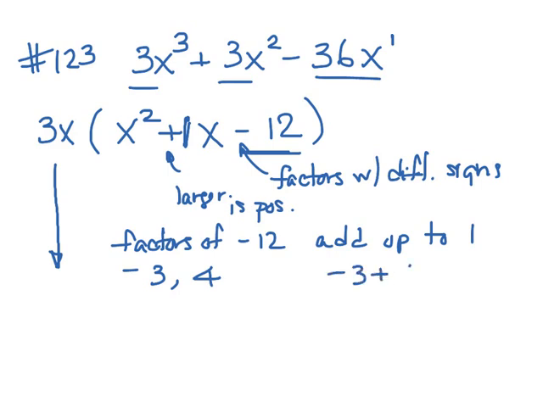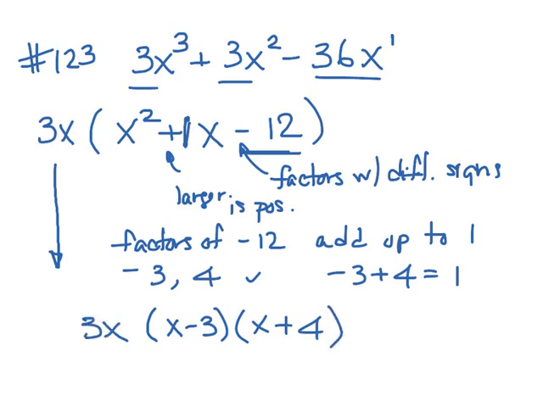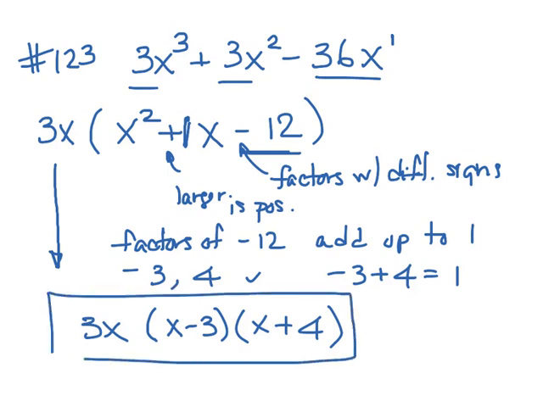Negative 3 plus 4 equals 1, right? So that one works. So I know that factoring out this part is just x minus 3, my double bubble, and x plus 4. And don't forget, I still have my 3x here, so I've got to keep my 3x there. And so my final answer is 3x times quantity x minus 3 times quantity x plus 4.